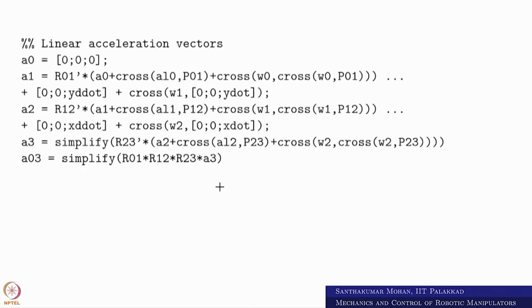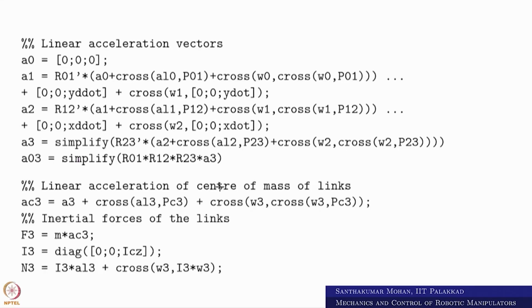Now coming back to the linear acceleration, which is straightforward, where you can do a1, a2, a3. Once you obtain that, you can go back to the centroidal linear acceleration for the third body. That is what we can do here. Now I hope once you calculate the centroidal linear acceleration, what one can expect is the inertial force, right.